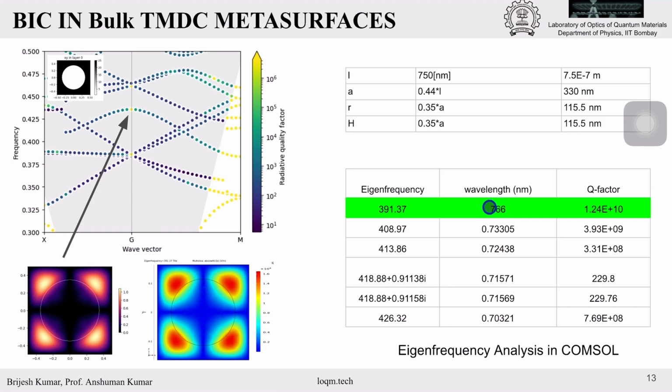This is the mode of our interest, and it also has the highest Q factor among all the modes, so we can consider this as a BIC mode. Further, we are on fabrication of this structure to realize it experimentally.